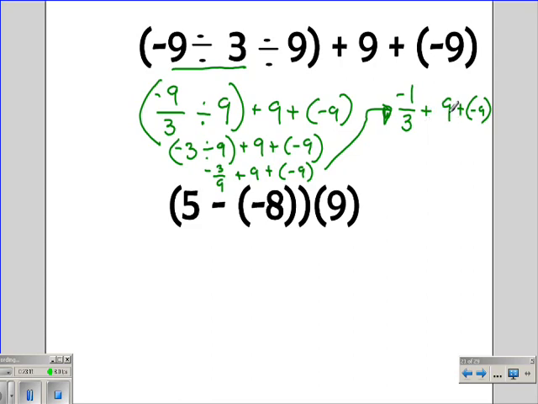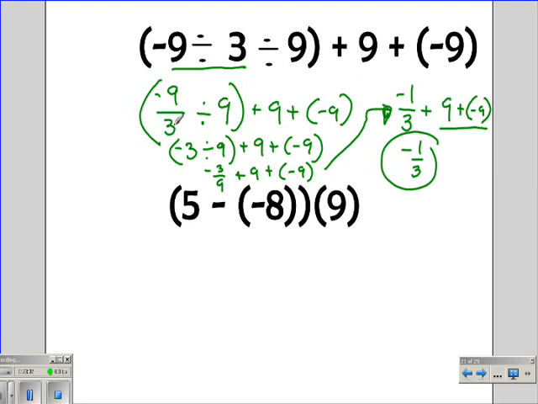One thing I noticed is I could add the 9, then add the negative 9, but the order of addition does not really matter. That's the commutative property of addition. So I could do this first, and 9 plus negative 9, or 9 take away 9, is going to be 0, so my solution would be negative 1/3, and I could be done right there.